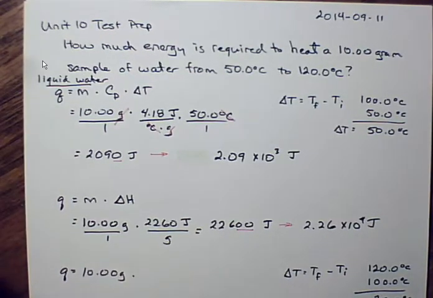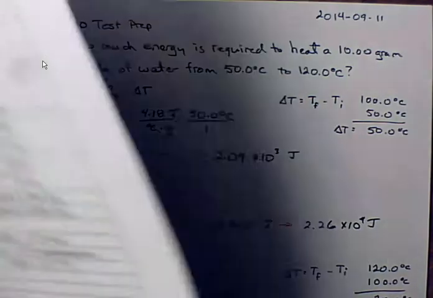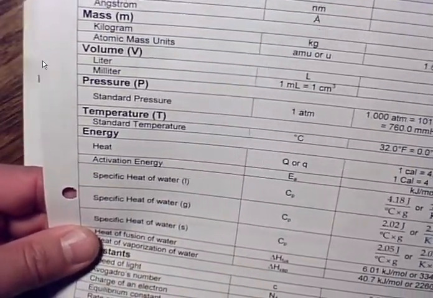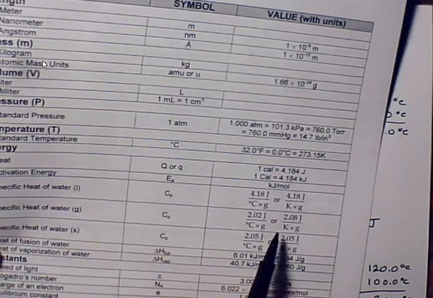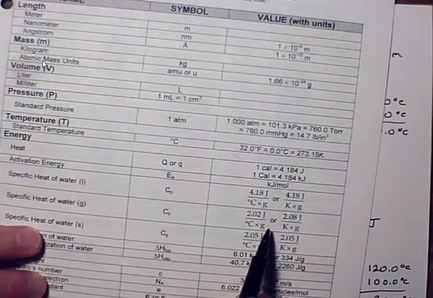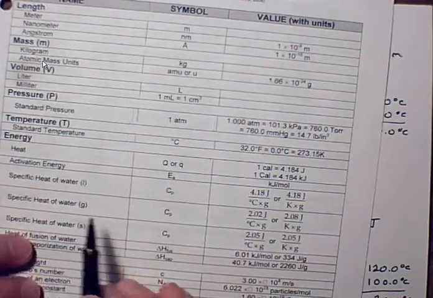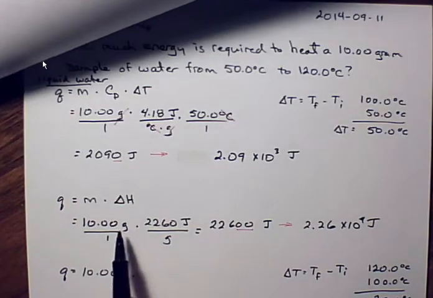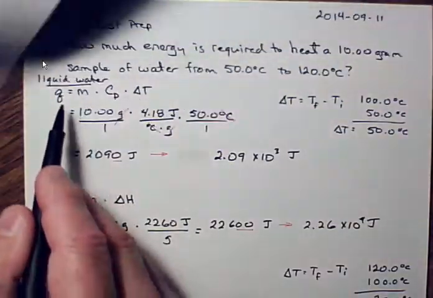We need to find a specific heat for steam. On your test references it says that gaseous water, which is steam, has a specific heat. Specific heat is the same thing as heat capacity. When I use CP, that stands for heat capacity. And so we're using this equation here.